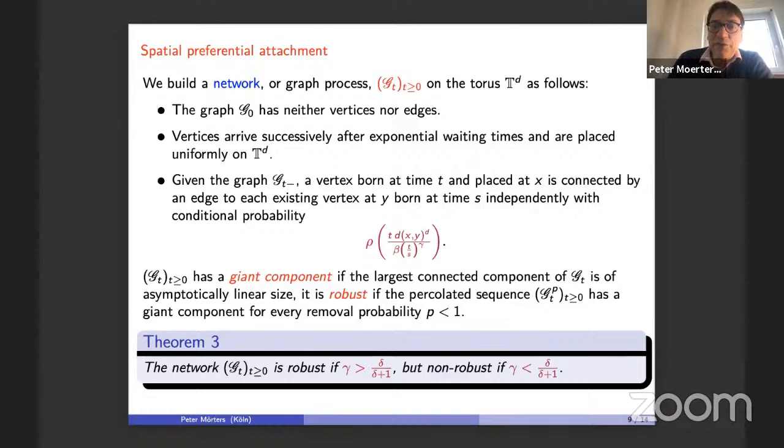The limit of the number of vertices in the largest connected component divided by the number of vertices, which is asymptotically T because this is just a Poisson process, is positive. Okay, thanks. But of course, the proportion is getting very small if you remove a lot of edges. That's clear.